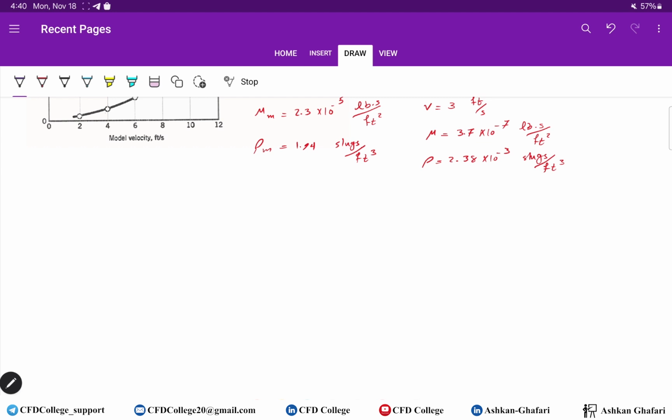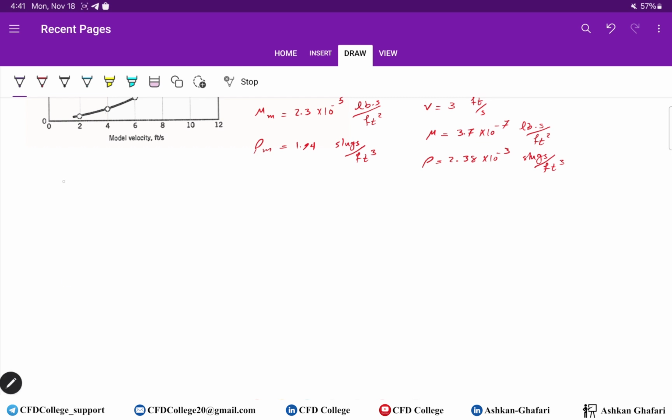Finding the dimensionless groups is similar to one of the problems I solved in tutorials. In tutorial number 10, it's the same problem. So I refer you to that video if you want. If you have problem, you can see that video of tutorial 10.